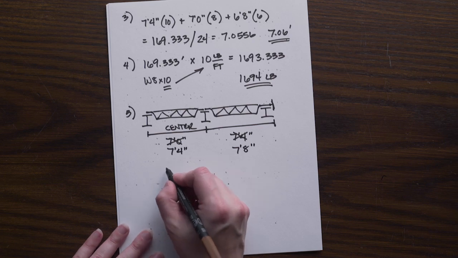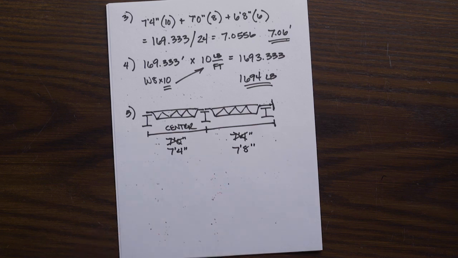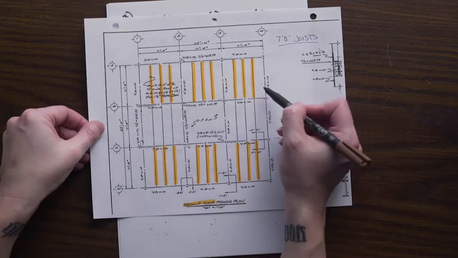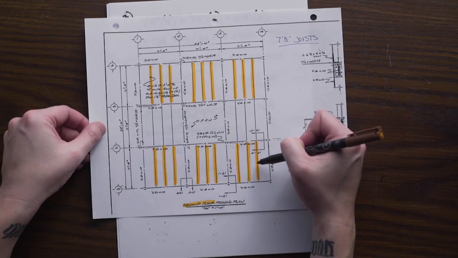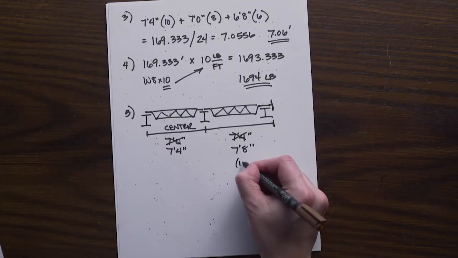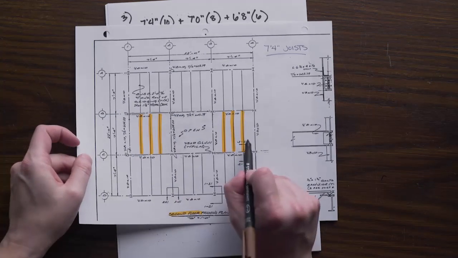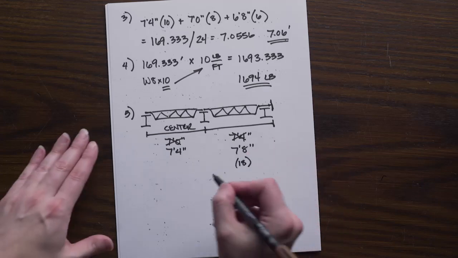So if we have our quantities that we're looking at for the 7'8" joists, we have 9 running along the top, 9 running along the bottom. That is 18. For the 7'4", we can see we have 6.